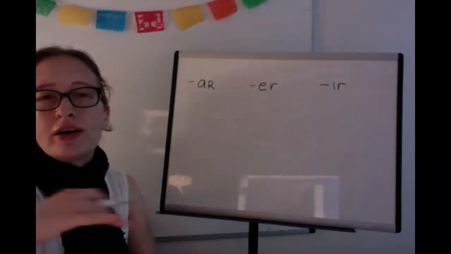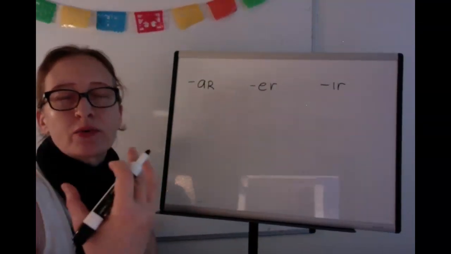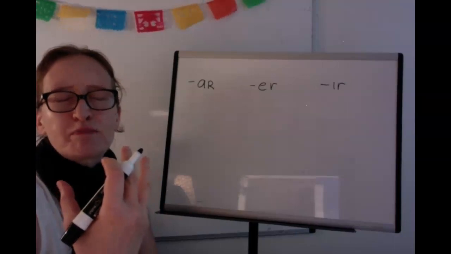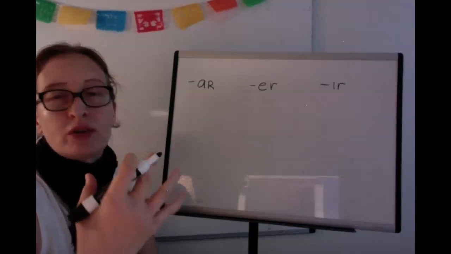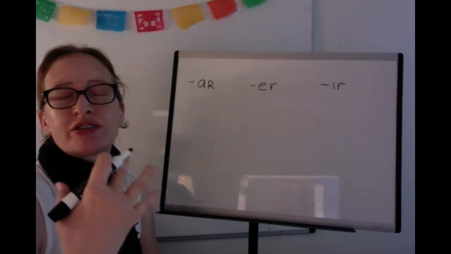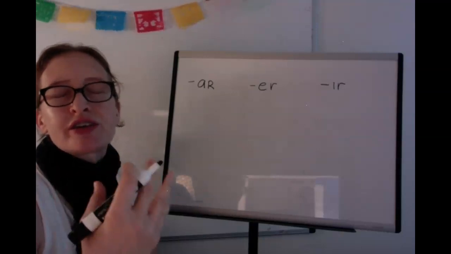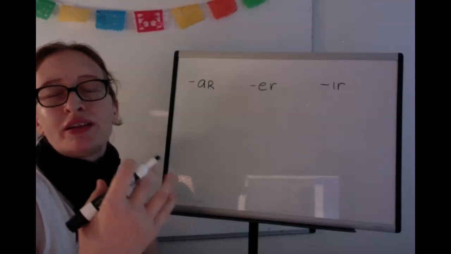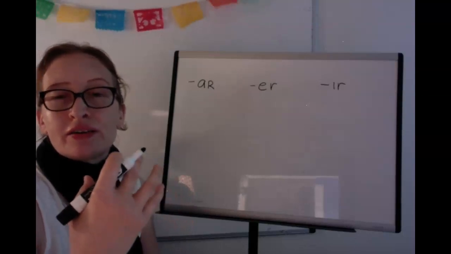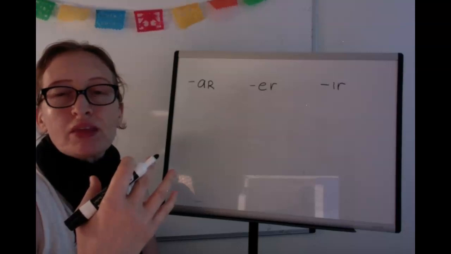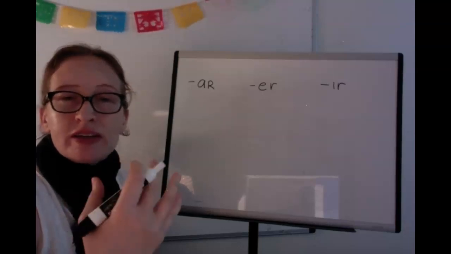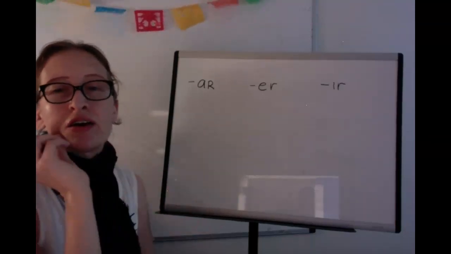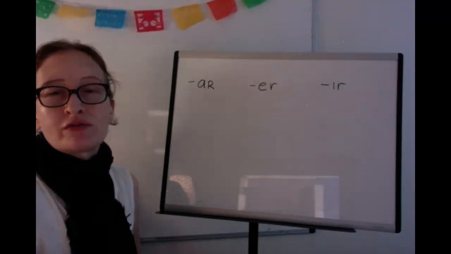So we know if someone says a word that ends in AR, ER, or IR, in what's known as the infinitive form, which is the generic, neutral, unconjugated, unpersonalized form of the verb, we know that's a verb. Or if we see this written, we come across an AR, ER, IR infinitive, we know it's a verb.